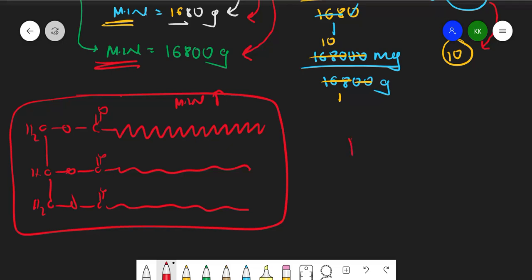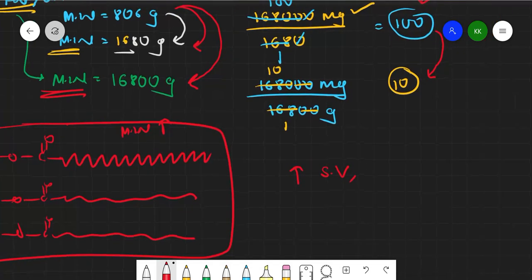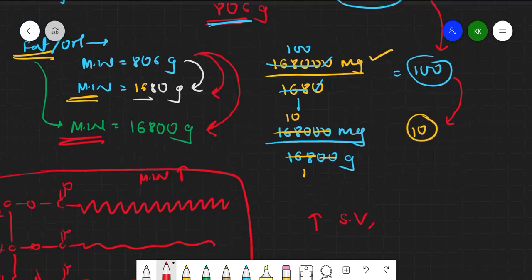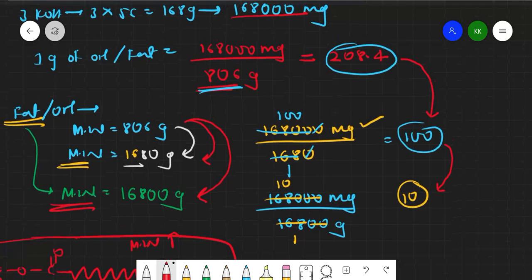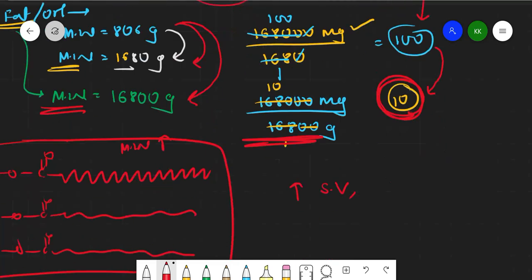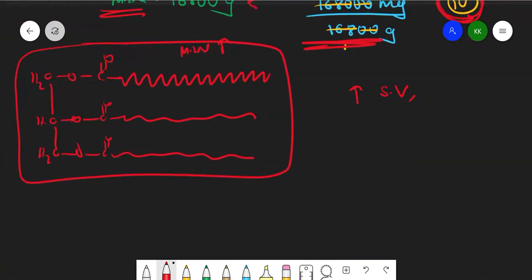Greater the saponification value, smaller will be the molecular weight of fat and oils, right? Or smaller the saponification value, greater will be the molecular mass or weight. So if its molecular weight is high, its saponification value will be low.